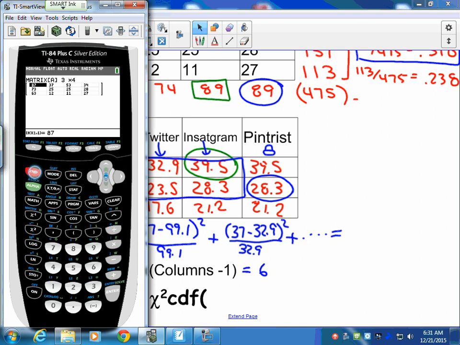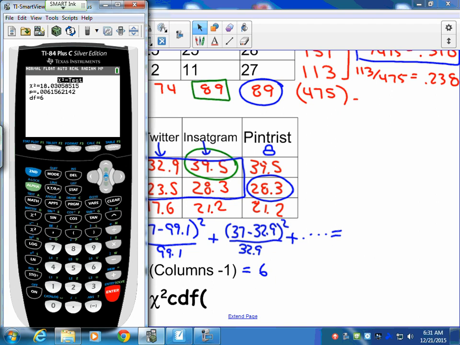So now, once we have it entered, we go back to stat, test, chi-squared test, and we select. So now we've got our observed matrix in A. It will build the expected matrix for us in B. And then we just have to enter, enter, enter to finish up.